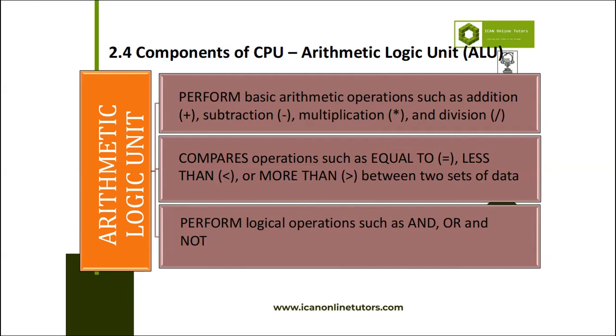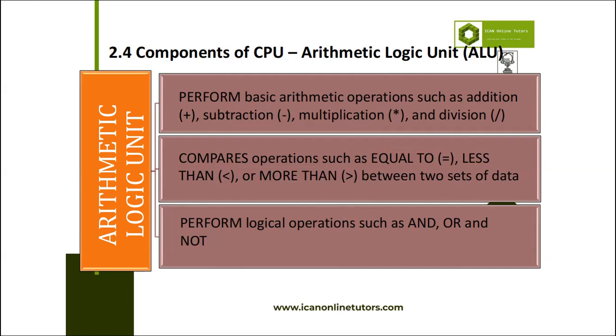These three operators are actually referred to as what? Logical operators. And that's why it is being said that it performs logical operations. The use of and, or, and not are an essential part of what your ALU does.